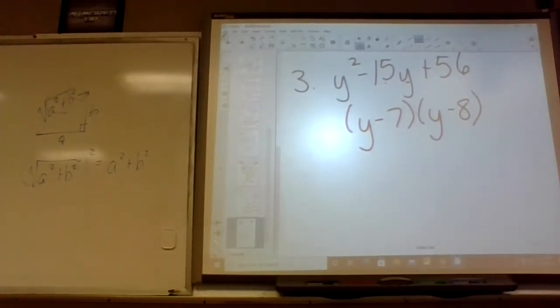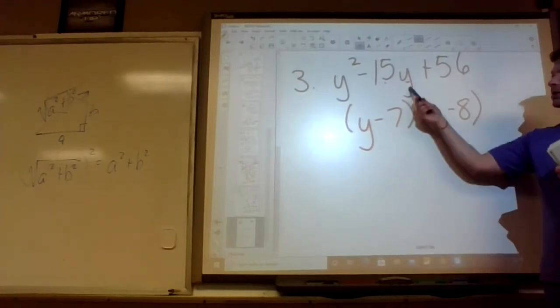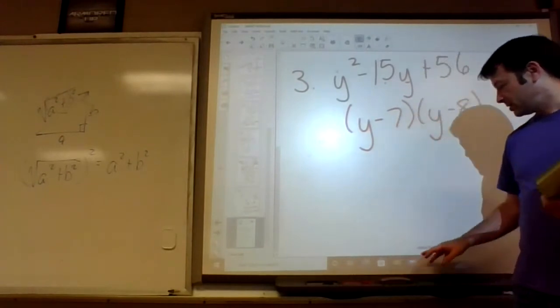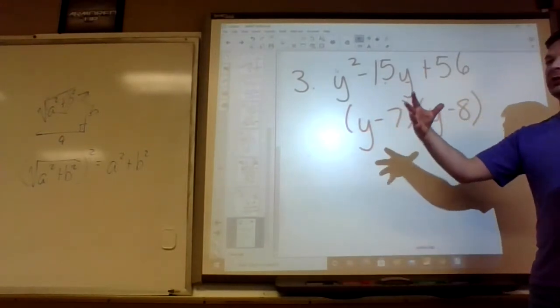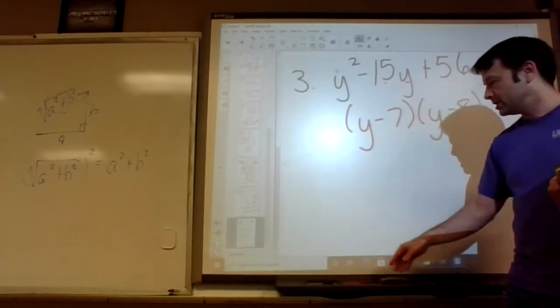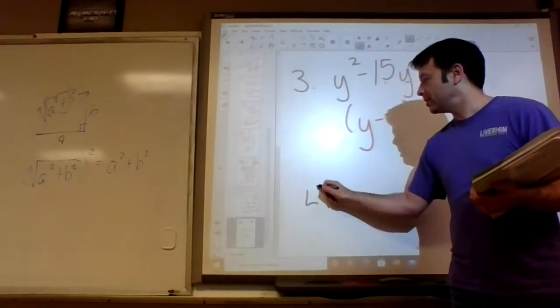Do we do FOIL? No. If I foiled, what would I get? That top right there. This is unfoiling. Foiling is multiplying together. Factoring is saying what times what equals the original, so it's breaking it apart.